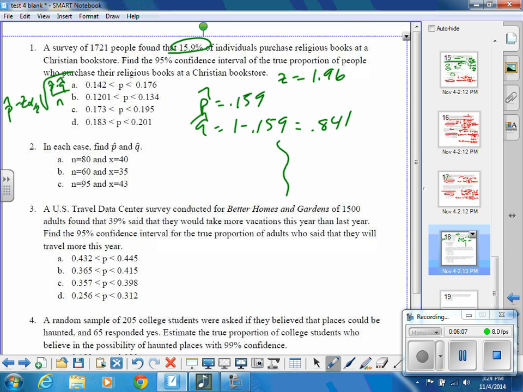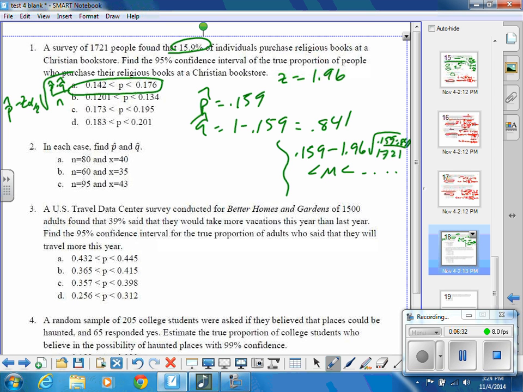So in this case, I have 0.159 minus 1.96 times the square root of 0.159 times 0.841 all over 1,721. And again, it's in between mu, and the same thing with the plus. Same thing we're doing. Punch that in the calculator and you should get A.